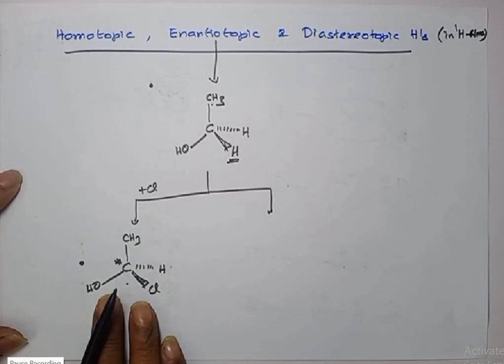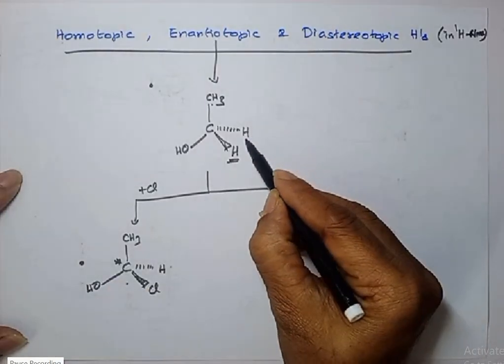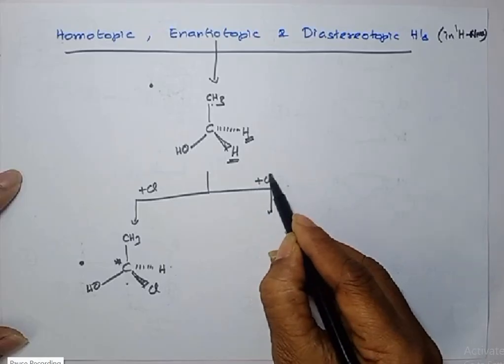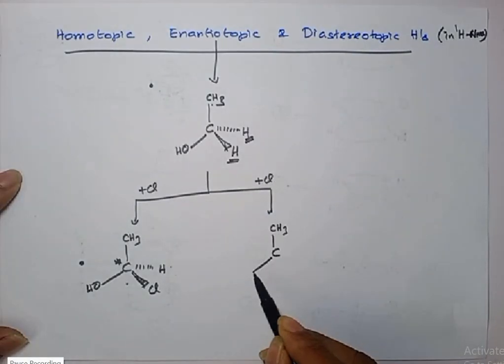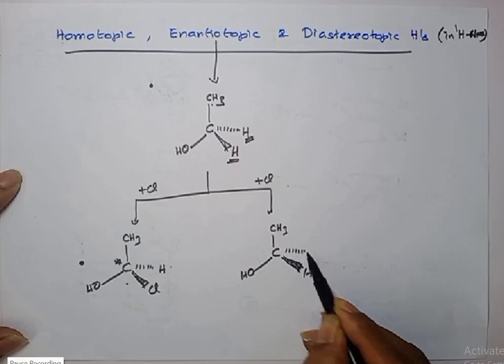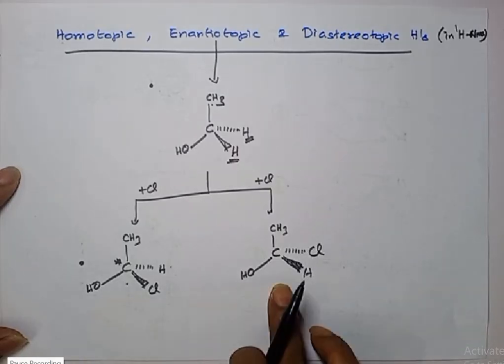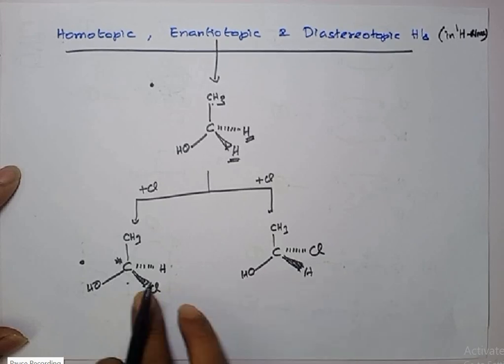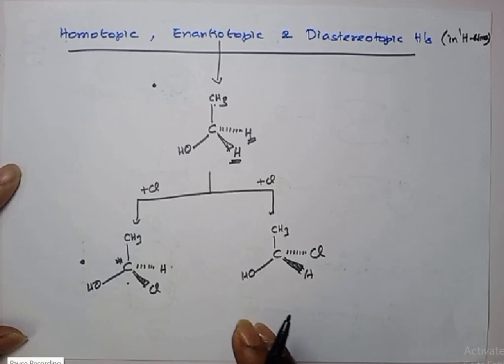This is actually one enantiomer. Now if I replace the other hydrogen by chlorine, I will get the CH3 group, OH group, and this hydrogen remains as such, but the other hydrogen is replaced by chlorine. If you find the configuration of these compounds, we will get opposite configurations.